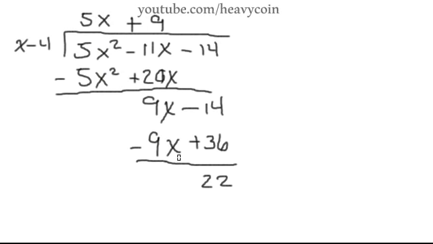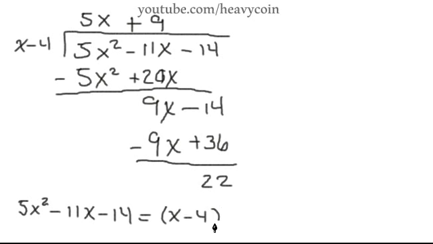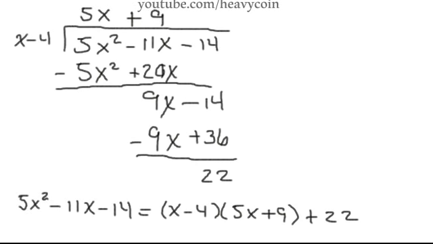So remember how to check it. 5x squared minus 11x minus 14 is going to be equal to x minus 4 times 5x plus 9, and plus 22.